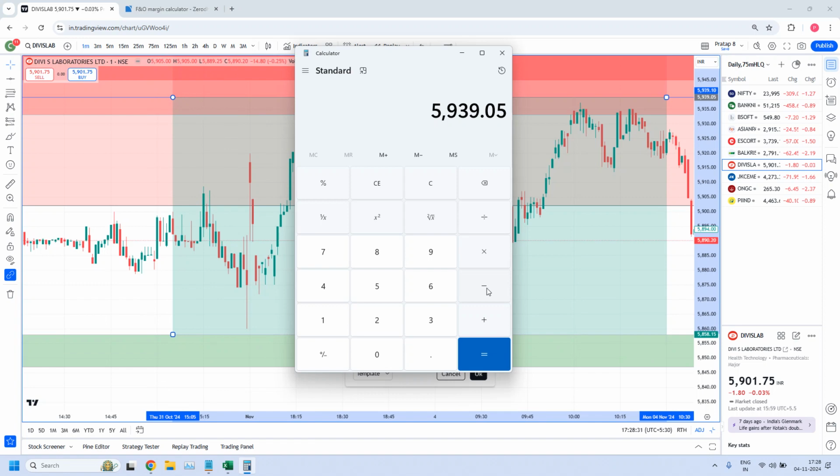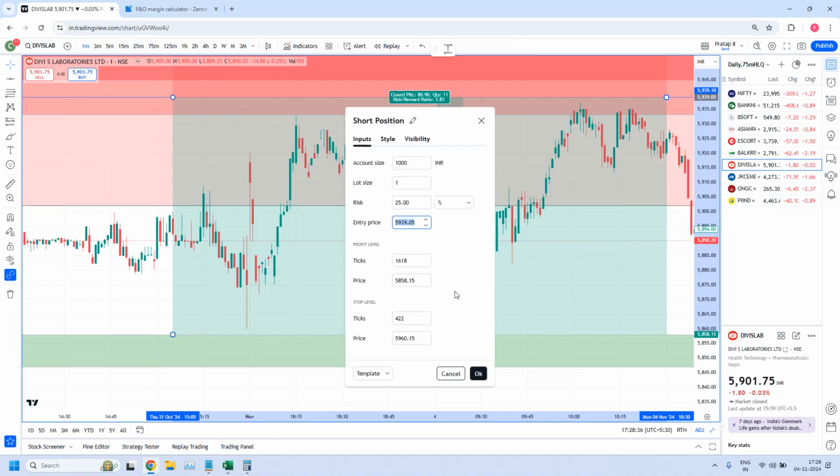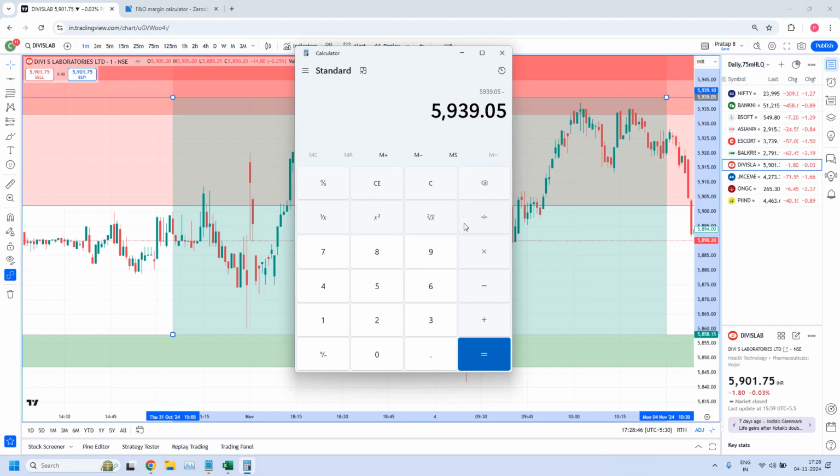All these are positive scenarios. 5939 minus, what is the target? Profit level. This is the price, 5858. We got 80 rupee 90 paisa profit.